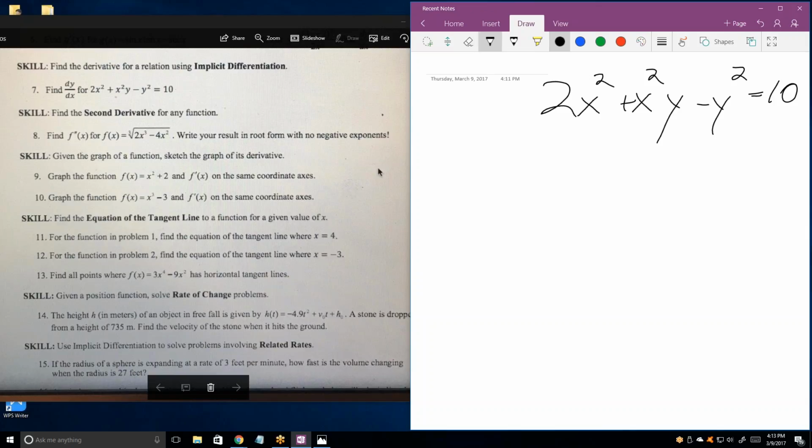Notice that this function, you can't solve for y. So we need a different technique for coming up with dy dx. What we're basically going to do is take dy dx of both sides of the equation. Calculus is just like algebra. Whatever you can figure out to do to the left side of the equation, you can do to the right. And that includes differentiation, it includes integration.